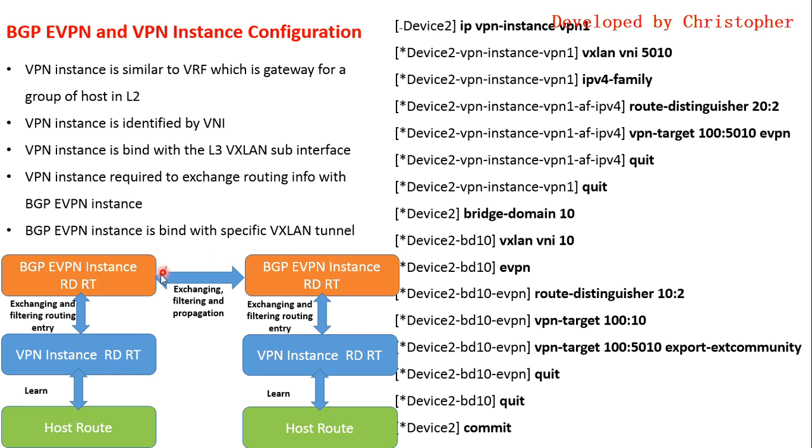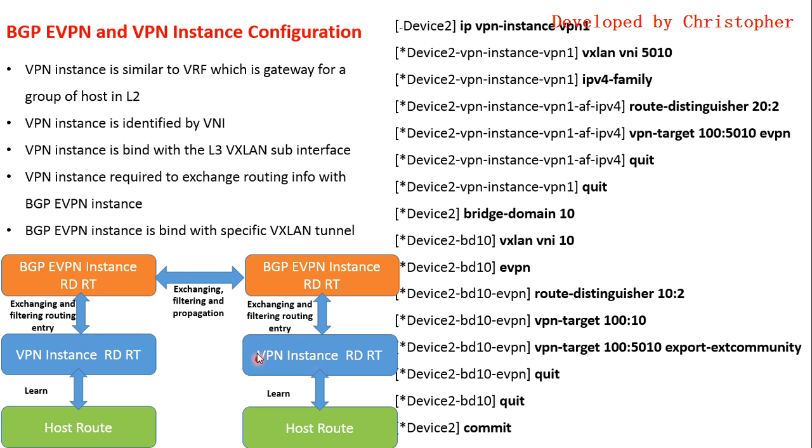It will filter or exchange by the RD and the RT. And then here, the VPN instance will exchange and filter the route by using the RD and the RT also. And then it will learn how to reach the destination.